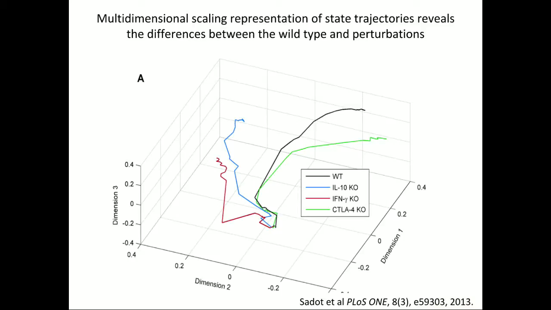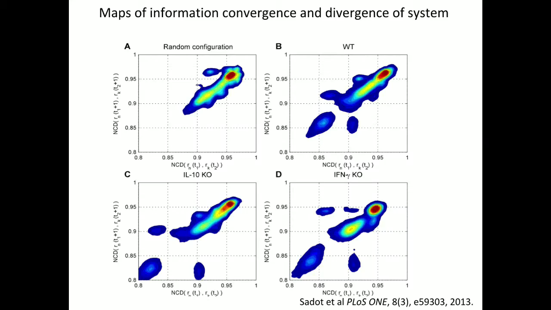Okay, so moreover, we can make perturbations in the model. We can knock out some genes in the model, and then we can see what happens. So these are just trajectories projected with multidimensional scaling to make it look nice. But this shows that the state trajectories are different when you knock out different genes. Okay, so that's good. But here are these Derrida curves.